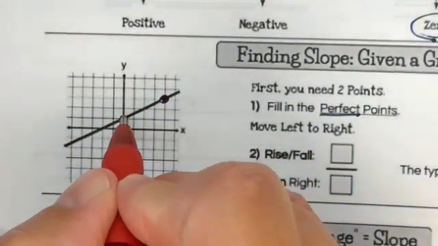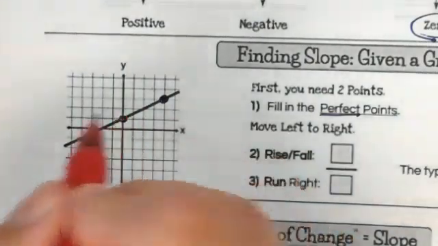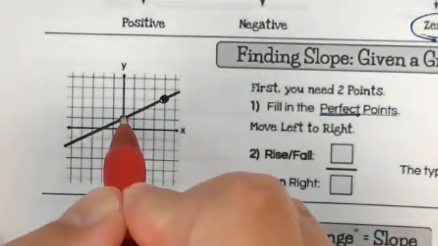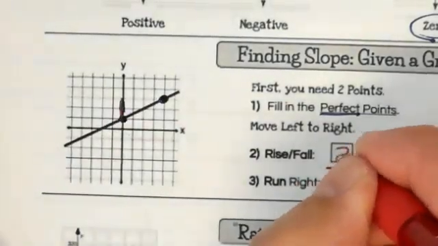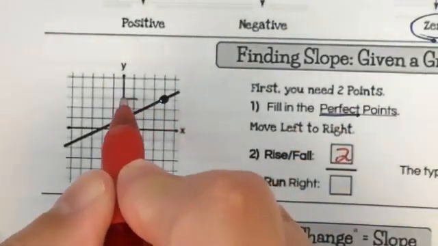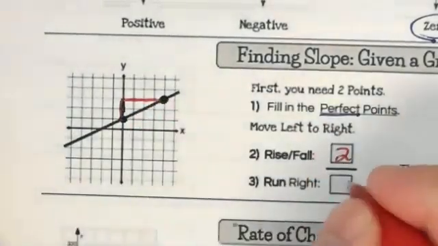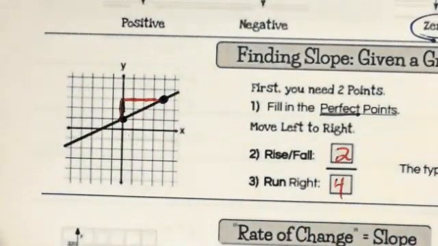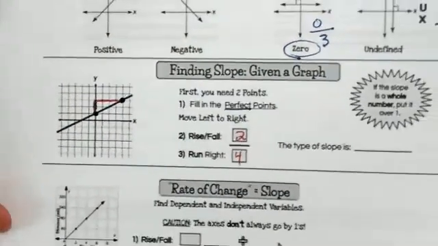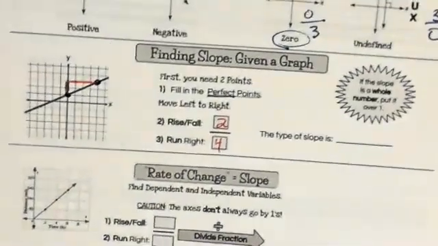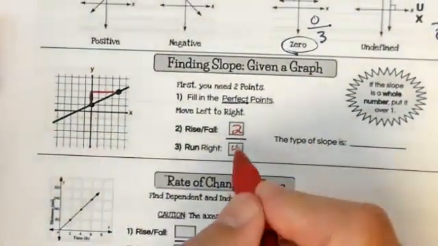How far does it go up? So this one, remember, we're always reading from left to right. So I'm going to rise 2 units, and I'm going to run 1, 2, 3, 4 units. So with everything that we do, if we make a fraction, we can simplify that.